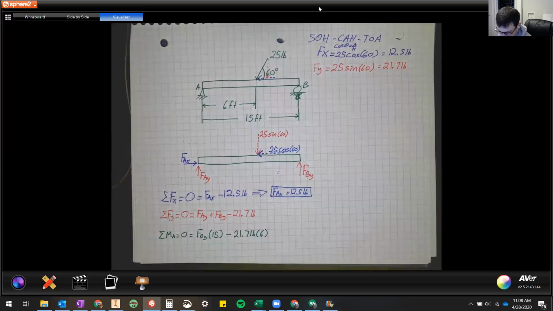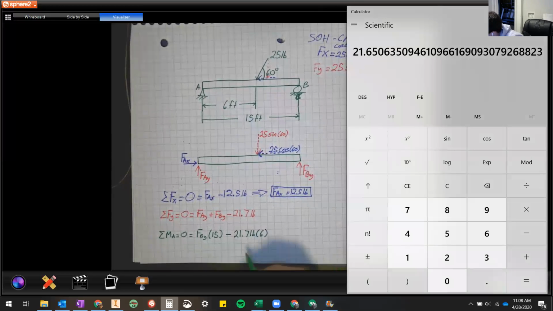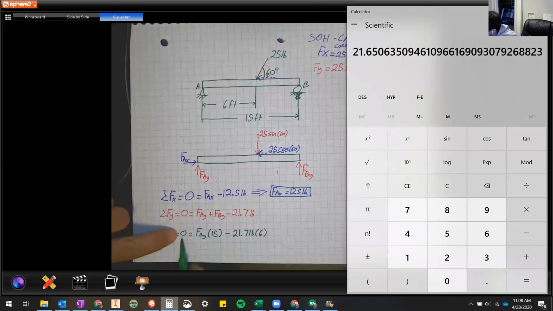So if I were to work that out, covering this part up, you have 0 is equal to FBY times 15 minus 21.7 times 6. So I could multiply that together, and I would add all of that over to this side.